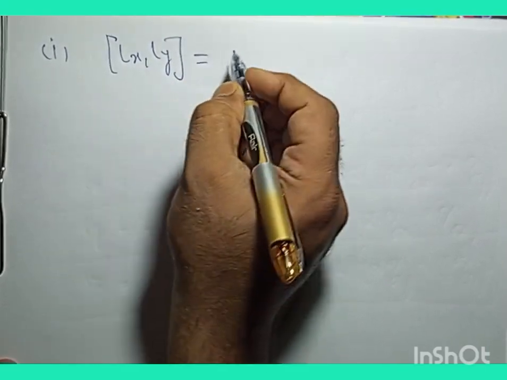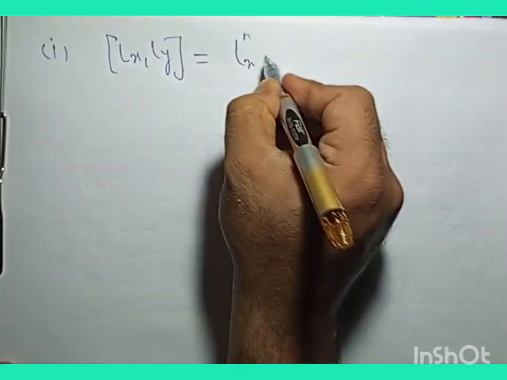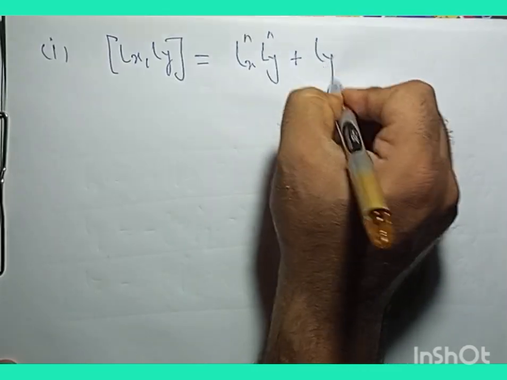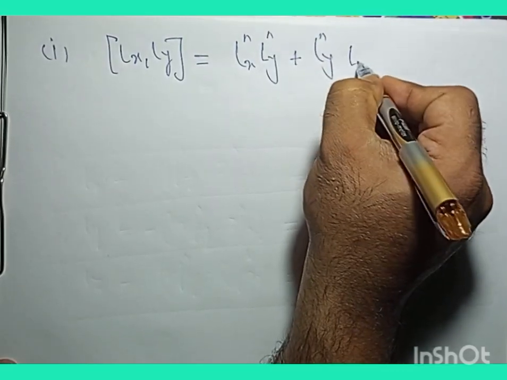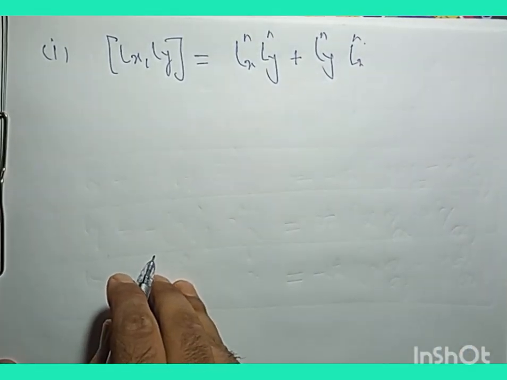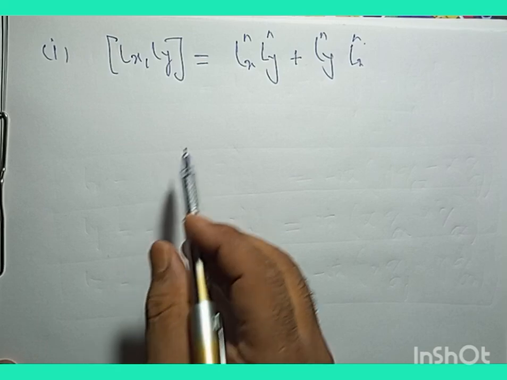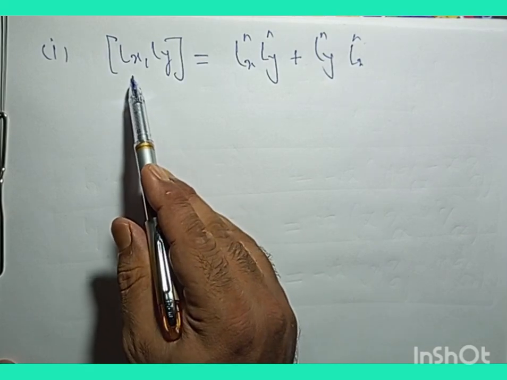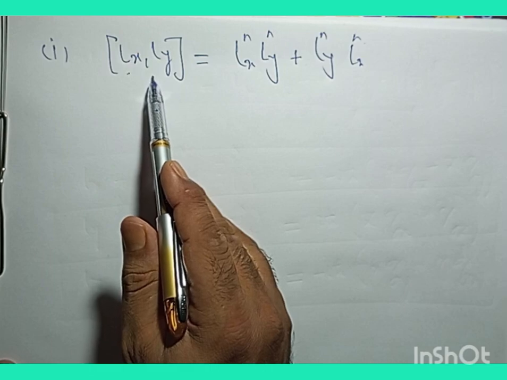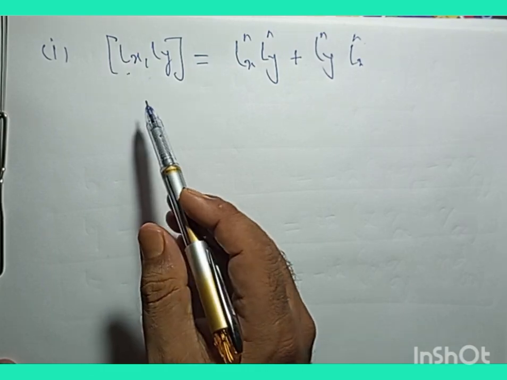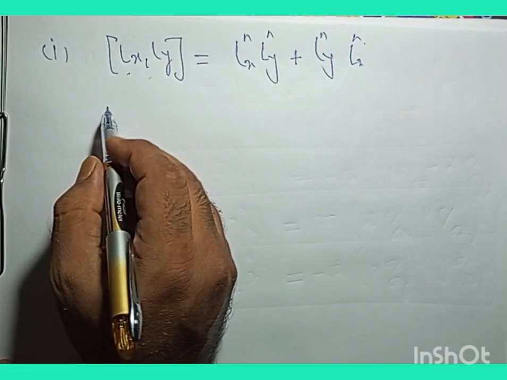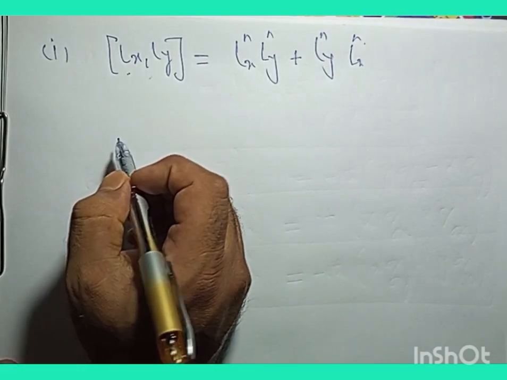When we open it, we write Lx Ly minus Ly Lx. We would like to see what the result of the commutation between Lx and Ly will be. That's our motivation.